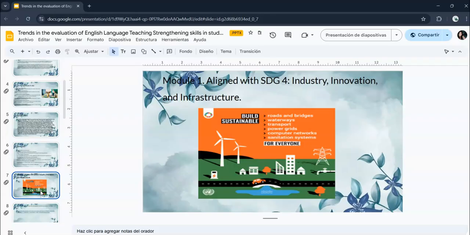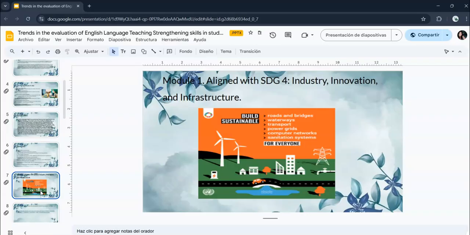So for this digital resource, we made a component with the SDGs. We work with three modules. For this presentation, we bring three modules.